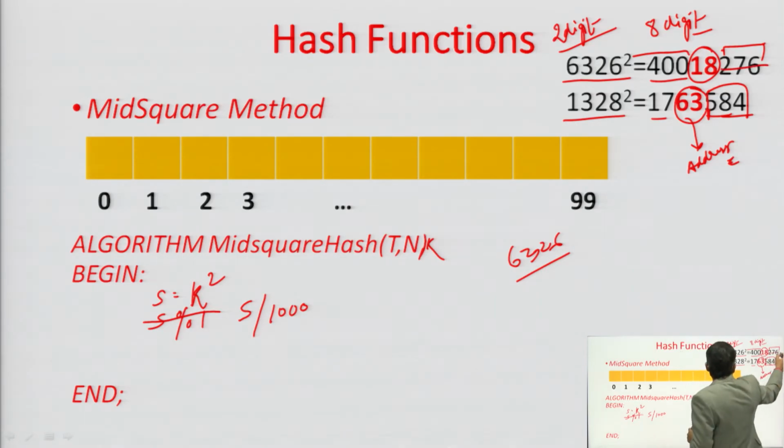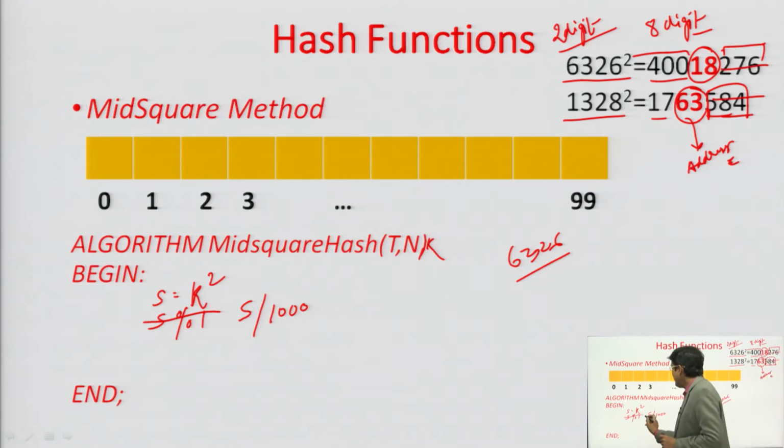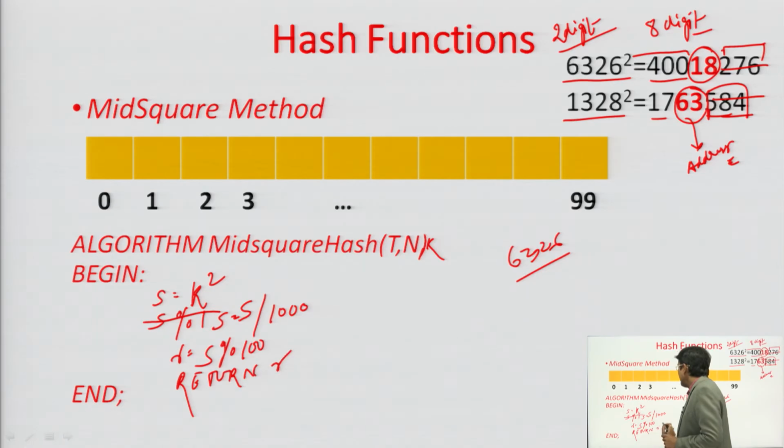This will discard the last 3 digits. So whatever remains, S equals S divided by 1000, you take its modulus with 100. This will be the location of the given key in the hash table. Return this remainder R.